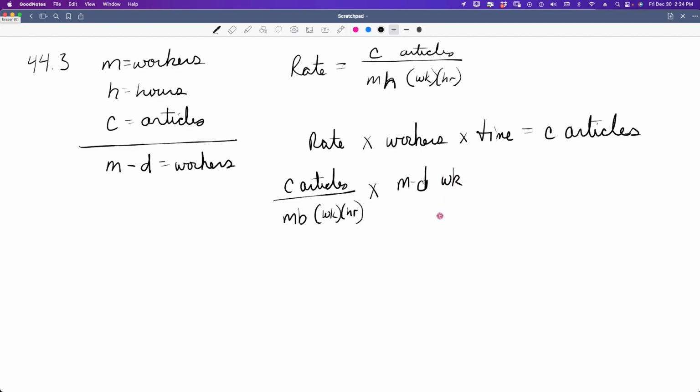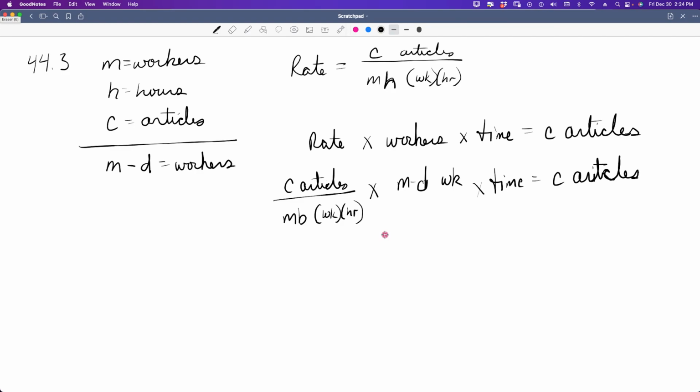I'm just going to shorten it. Times time is equal to the original amount of C articles. The variable we need is how long it takes to produce the C amount of things.